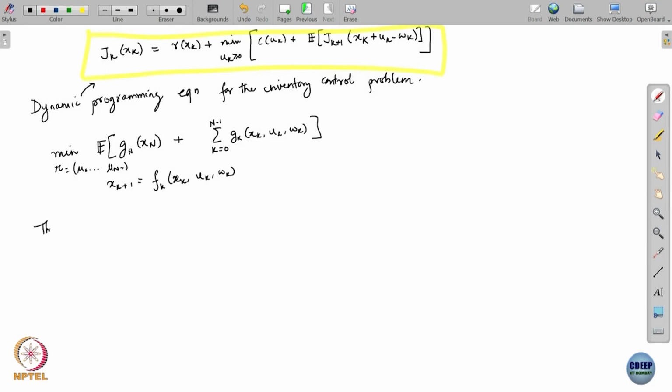Right. So the theorem is as follows, and the initial state, let us say, is x 0. I will mention that as part of the theorem.